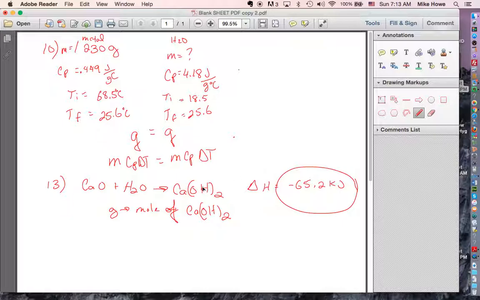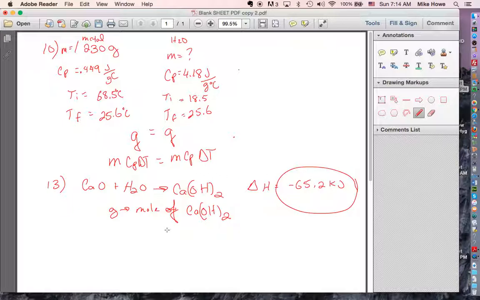And if I form 1 mole of calcium hydroxide, 65.2 kilojoules of energy are released. So this number applies to the given quantity of anything in the equation. When I say given quantity, I mean the stoichiometric quantity. So if there had been a 2 over here, then this would have applied to 2 moles of water.